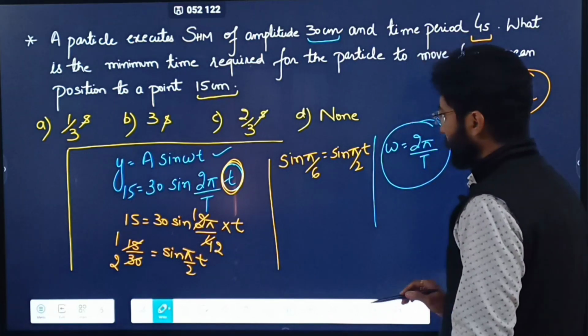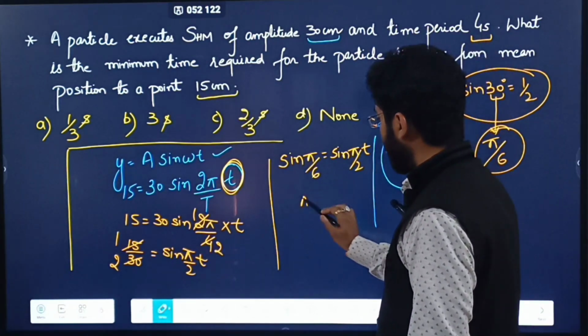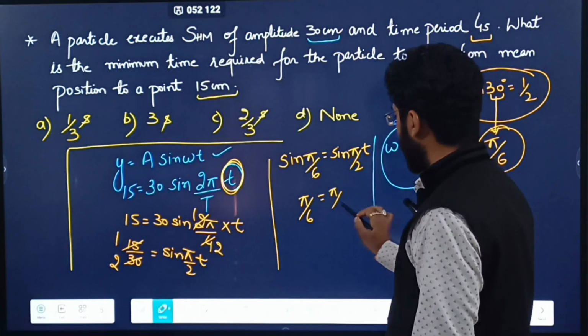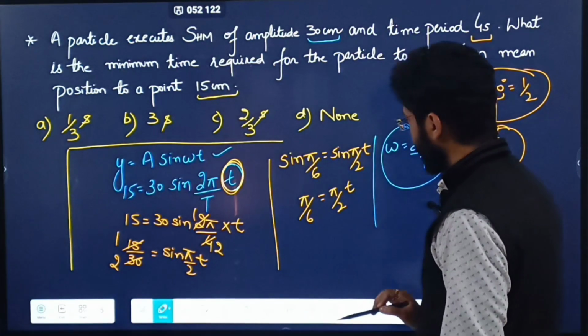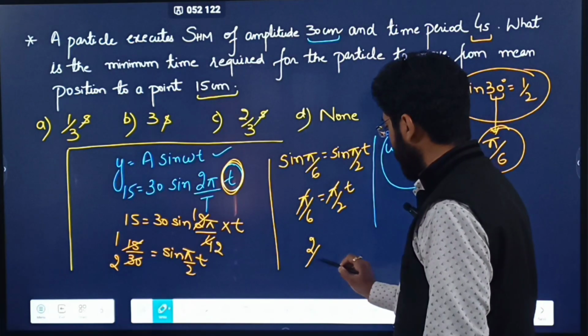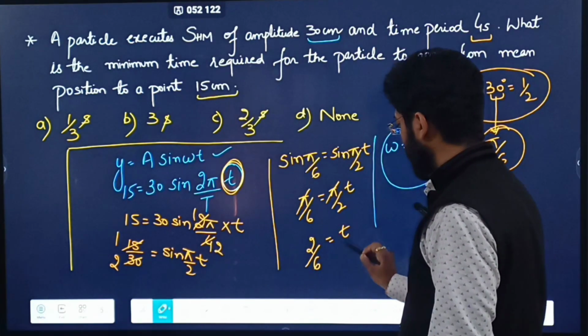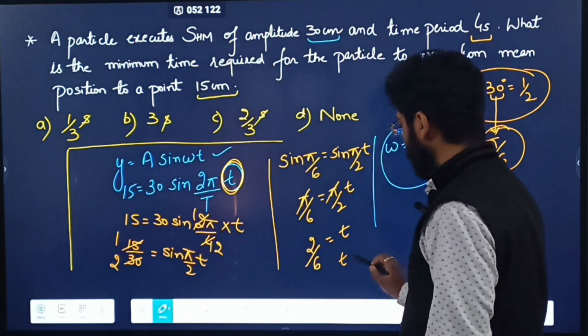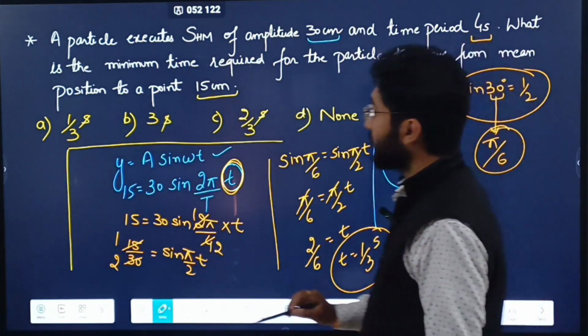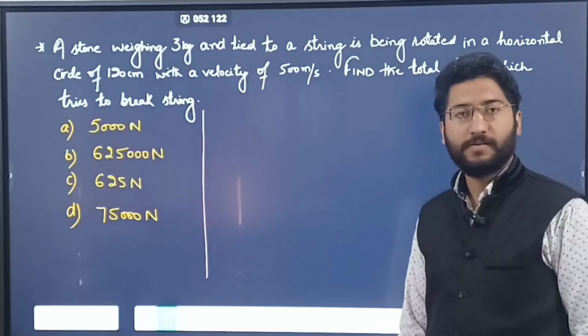On comparing, we will get pi by 6 equals pi by 2 t. By cancelling, we will get 2 by 6 equals t, and we will get t equals 1 by 3 second. The answer becomes the first option.